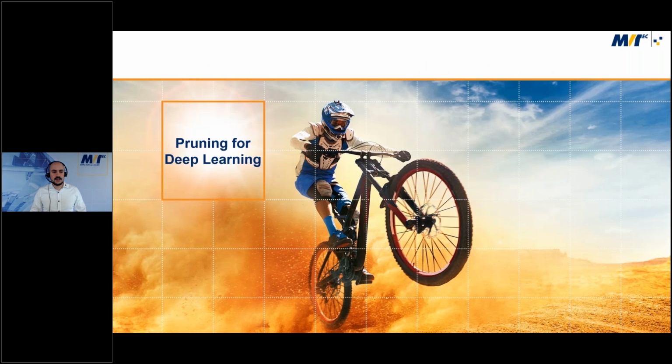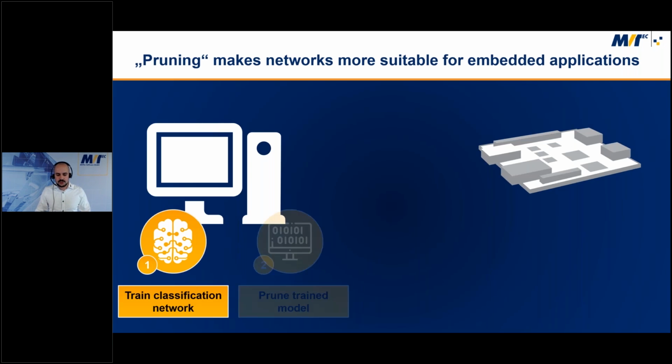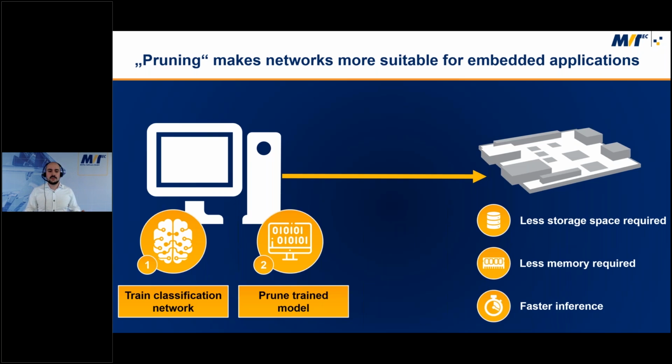Okay, another feature in terms of deep learning is pruning. Pruning helps you to bring deep learning to, for example, an embedded device, as it's a possibility to have kind of a switch between accuracy of your deep learning model and memory consumption or inference time.